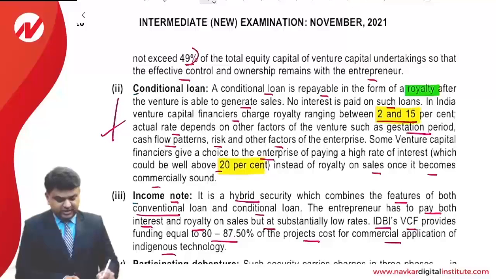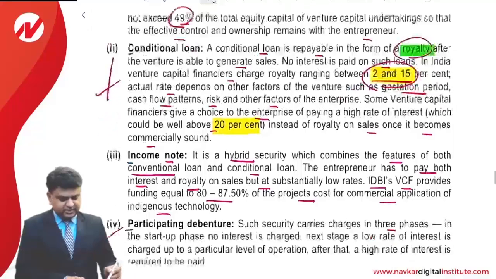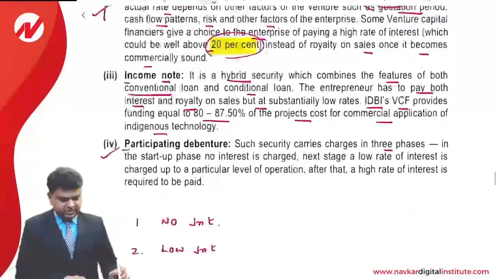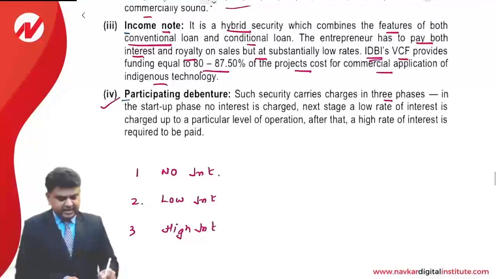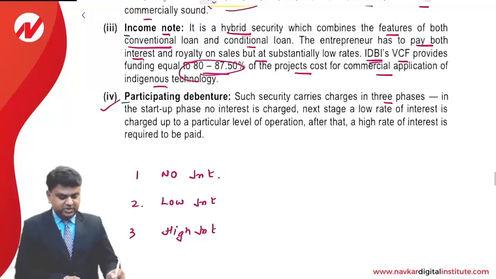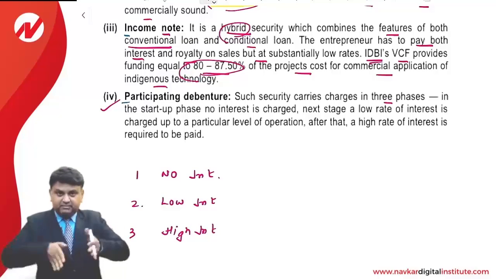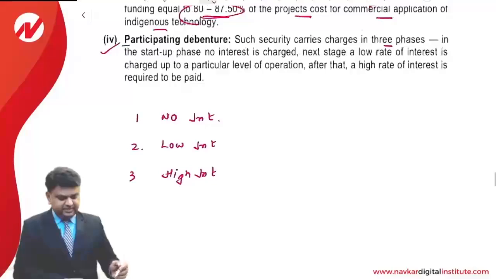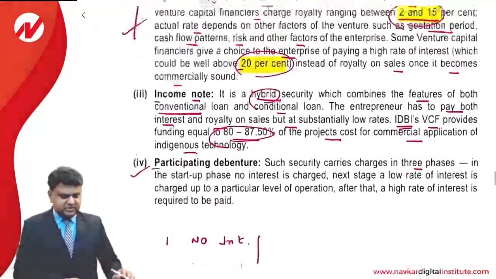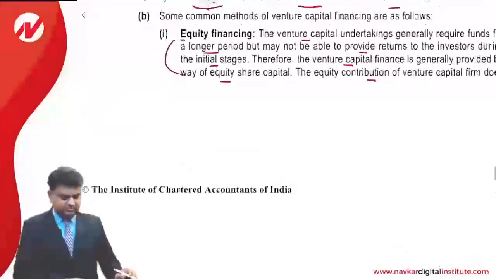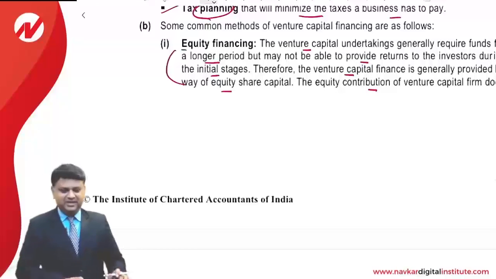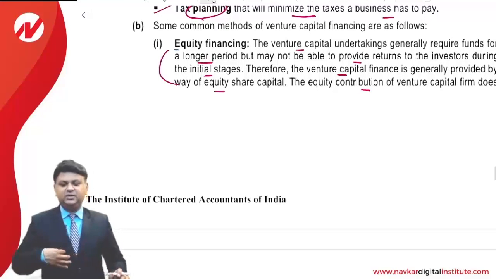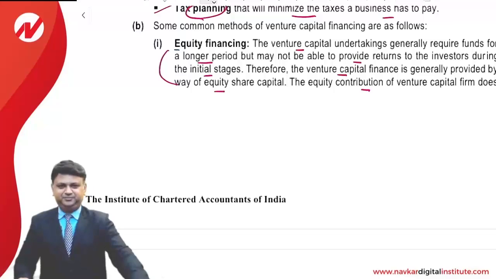That is, over here 49 percentage, royalty 2% to 15 percentage, interest up to 20 percentage, IDBI 80 to 87.5 percentage. It is a hybrid, that is a combined security. Participating means stage-wise interest will be charged. And you can remember it by any other method; SEBI is one of the methods that I suggest.